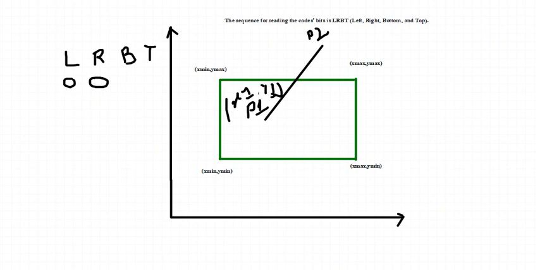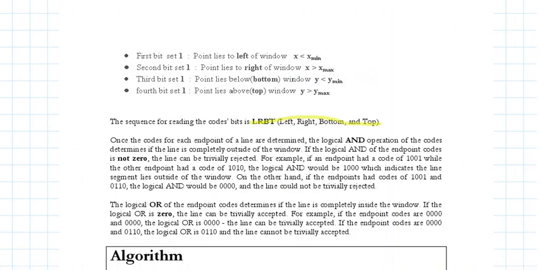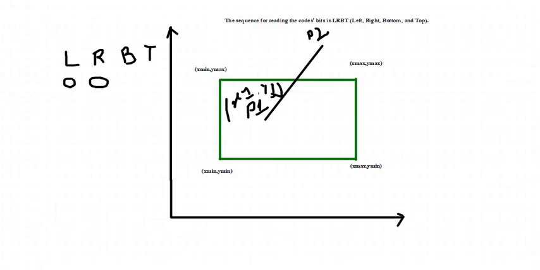Now come to the third bit, that is B bit or bottom bit. Go back to the condition. Third bit will be set to 1 if the point lies below or bottom of the window. That is, y becomes less than y min. The B bit will be set to 1 if your point in concern has some y value which is less than the y min.